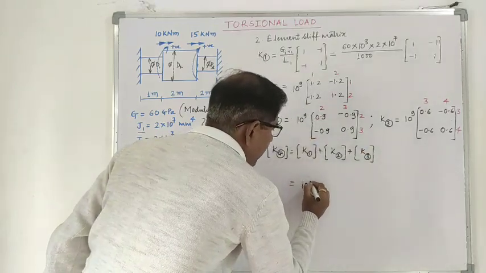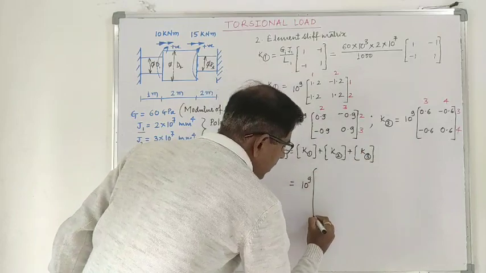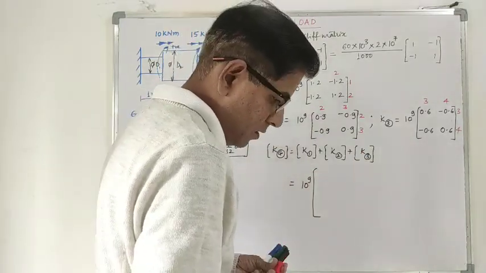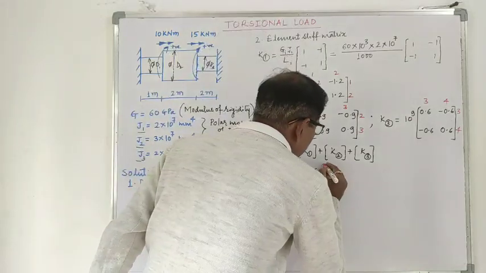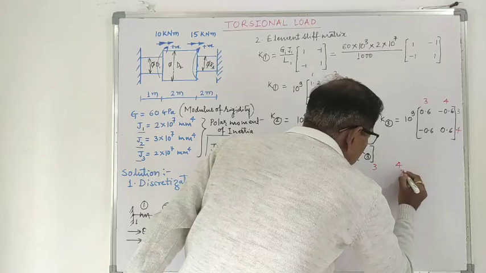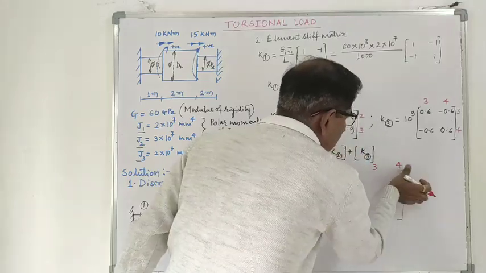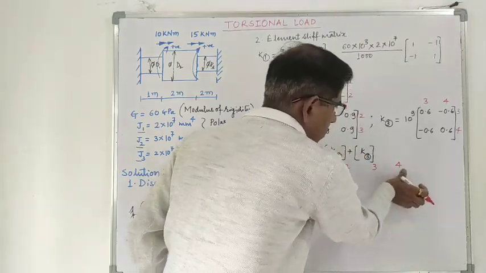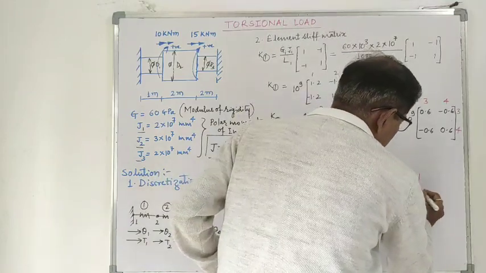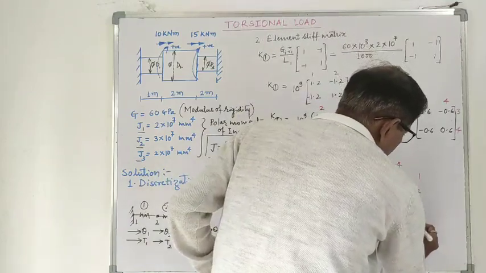So 10 to the power 9 outside the bracket, inside the bracket, for node numbers 1, 2, 3, 4.